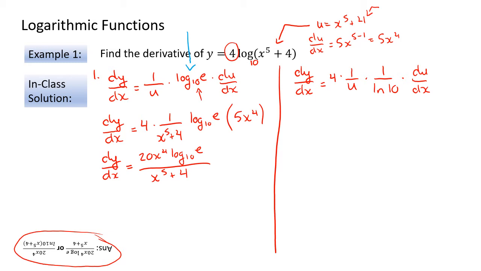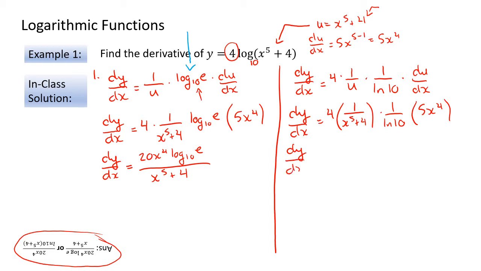So now I'm just going to substitute the values for u and du by dx. So dy by dx is equal to 4 times 1 divided by u, x to the 5th plus 4, times 1 divided by the ln of 10. Again, 10 is the base, so it's always the ln of the base number, times du by dx, which is simply 5x to the 4. Again, I'm combining. First step, I'll combine all the items in the numerator.